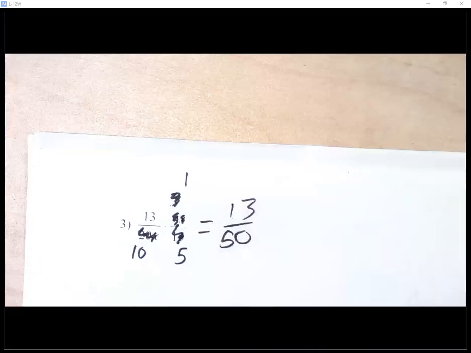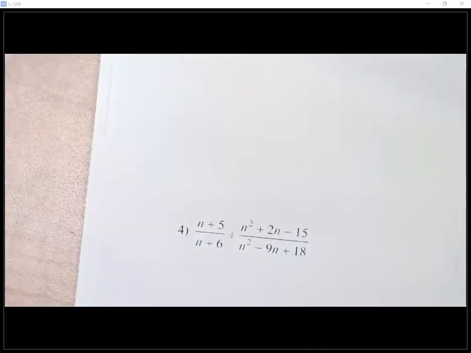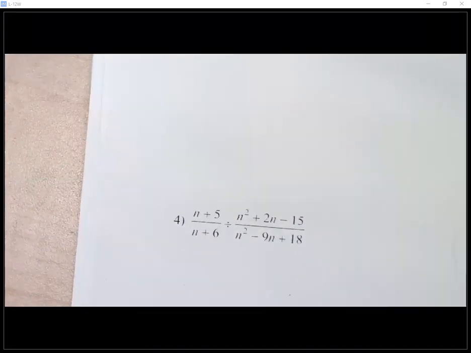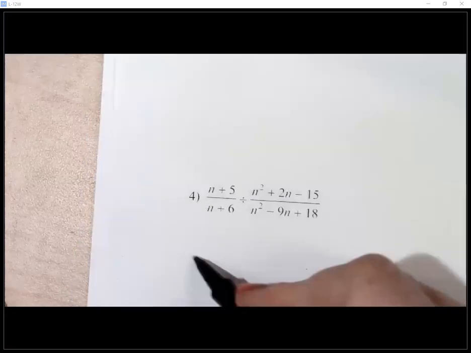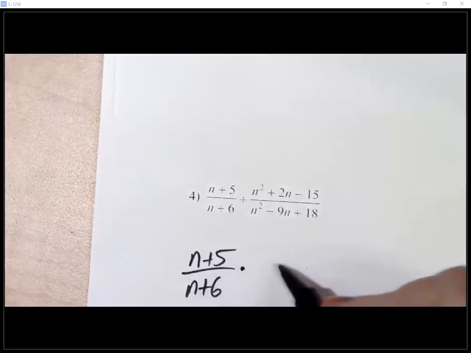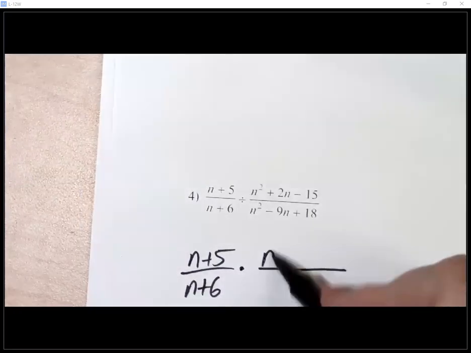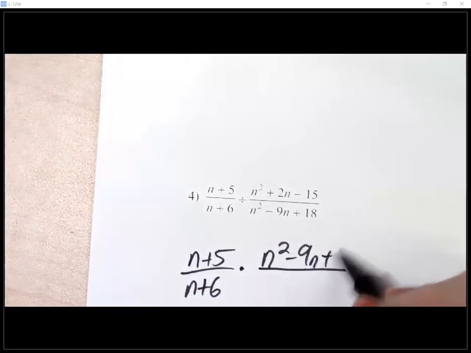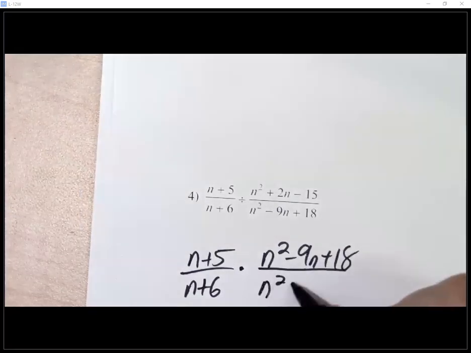Number 4 is a division problem. Division, step 1, rewrite as multiplication of the reciprocal. Times, and now I flip this fraction over. So I have n squared minus 9n plus 18 on top, n squared plus 2n minus 15 on the bottom.